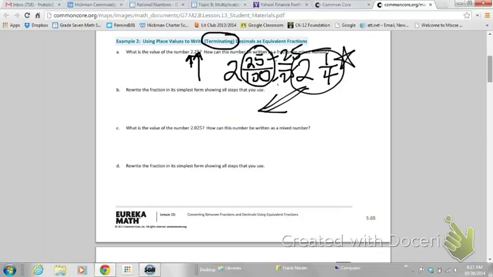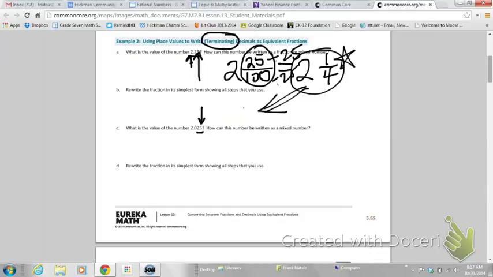All right. Now the next one, C, what is the value of the number 2.025? Because I am very familiar with decimals, I know that that last 5 is in the thousandths place. If I read this number here, that is actually 25. So I have the number 25 on the right side of the decimal point.